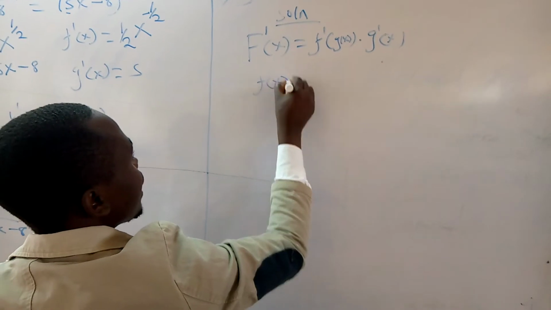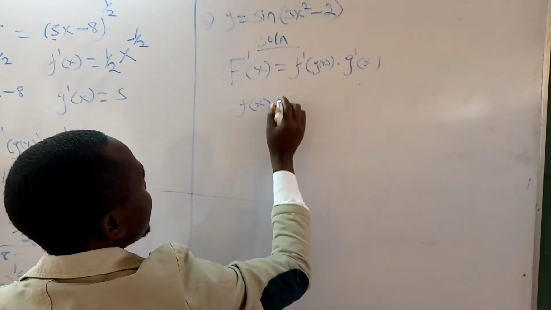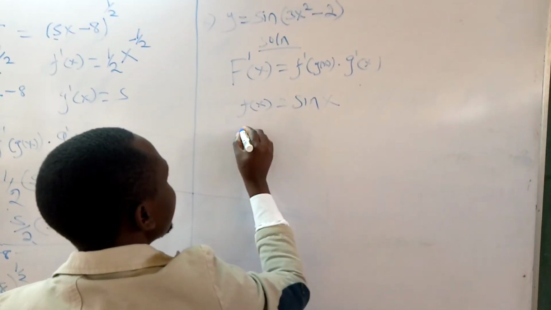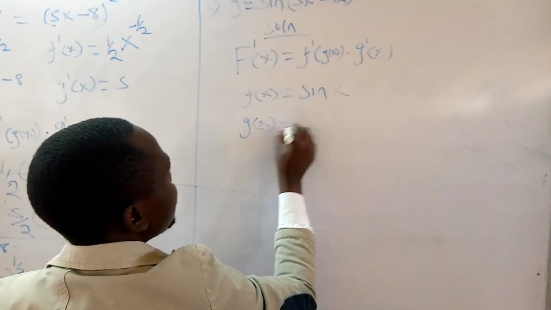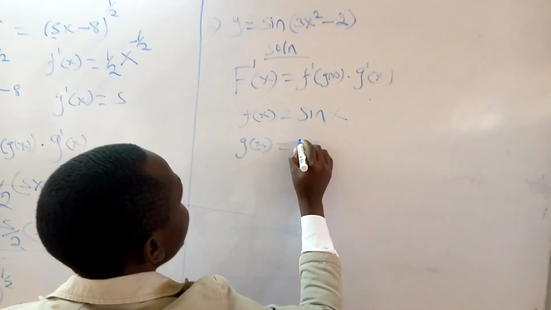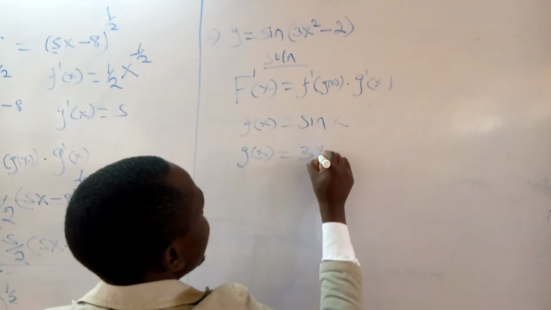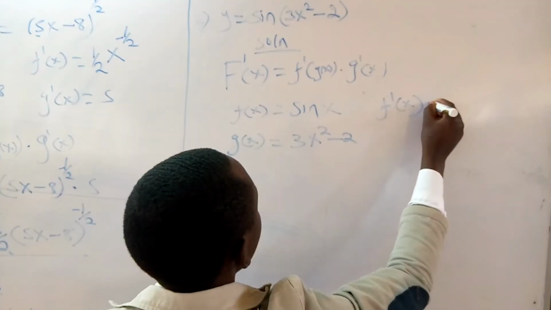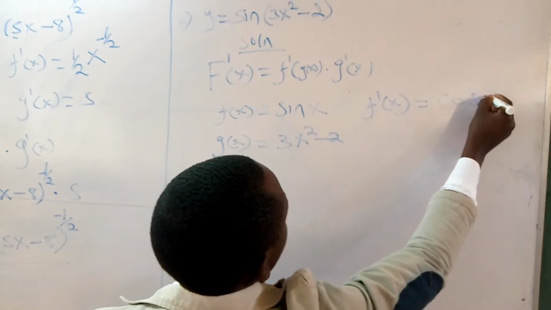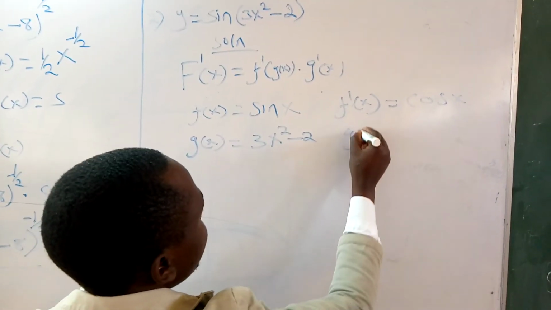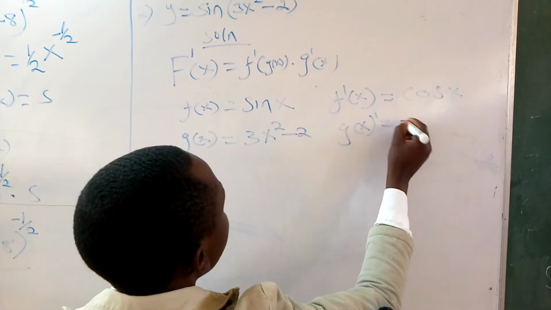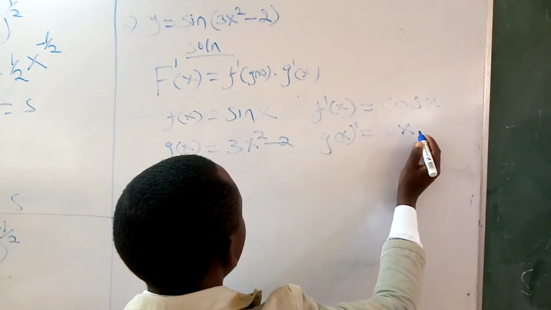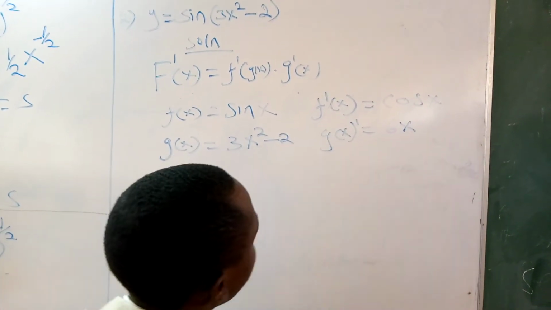My f of x, let me call it sine of x, the whole of it to be x. Then g of x will be the remaining 3x squared minus 2. Then f prime of x will be cos x. Then g prime of x, if I differentiate this, is 6x.